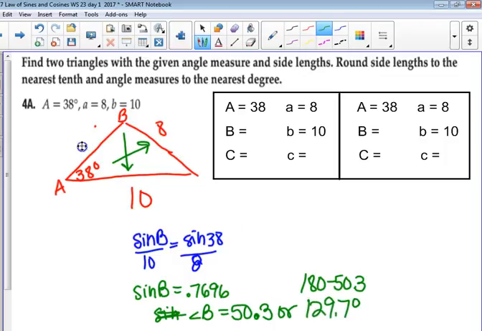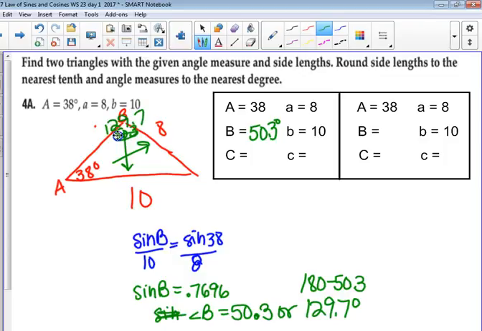Okay. Now, the question is, can we eliminate either one of those? Could this be 50.3? Well, you'd have a big number across from a long side, a little number across from a littler side, and you'd still have room to make it add up to 180, right? Okay, so 50.3 is going to be one of our possibilities. The other possibility, could this be 129.7?